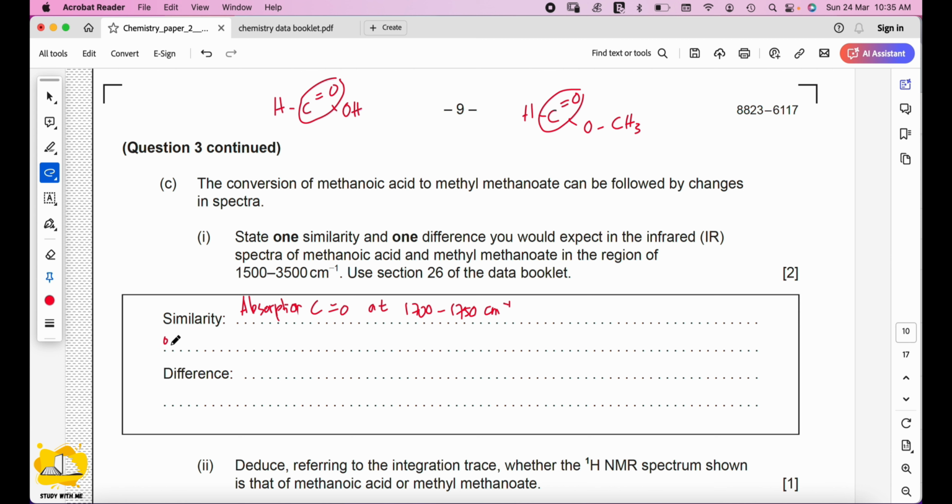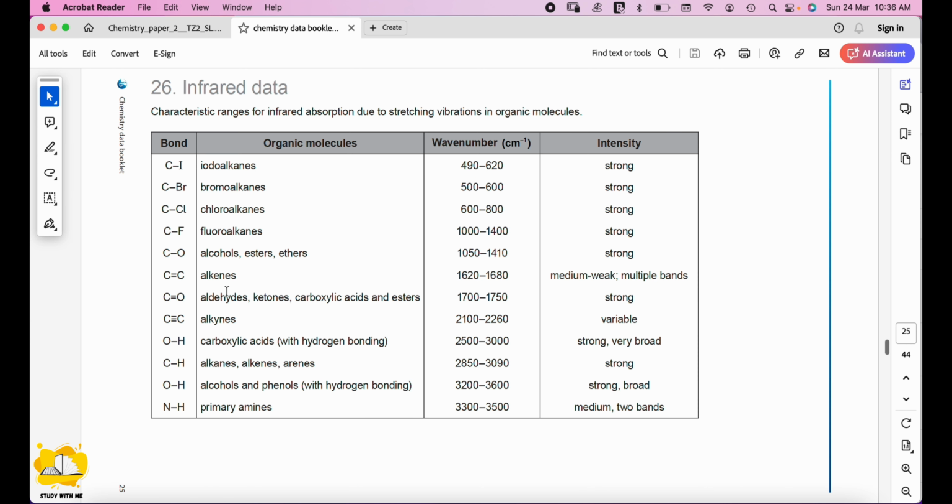Or you can also see they both have C-H. So absorption of C-H at 2850 to 3090. So you can choose either one.